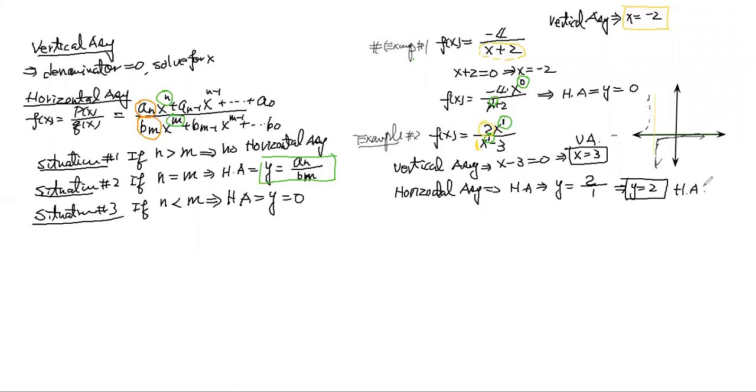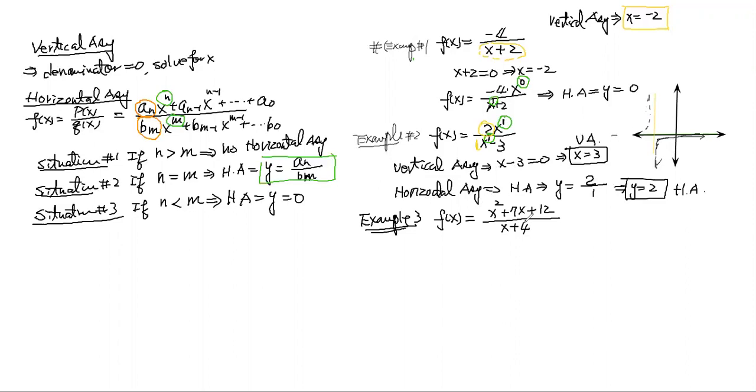Okay, and now let's take a look at example number 3. Here we still don't have holes yet. So f of x equals x squared plus 7x plus 12 over x plus 4.